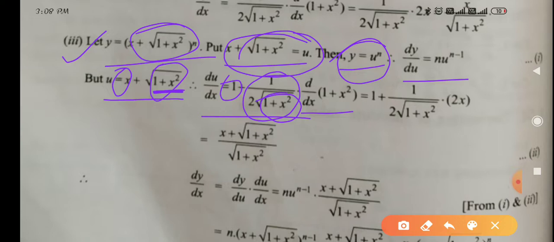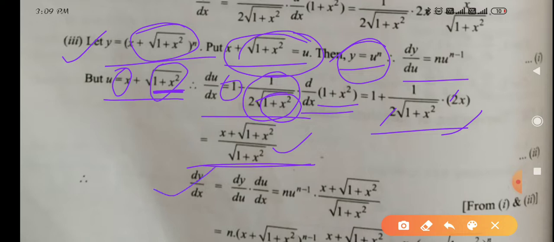So 1 plus 1 upon 2 under root 1 plus x square into d upon dx of 1 plus x square. The 2 is cancelled, 1 plus x upon under root 1 plus x square. If you take LCM, it will give x plus under root 1 plus x square upon under root 1 plus x square. This is the final differentiation of u.